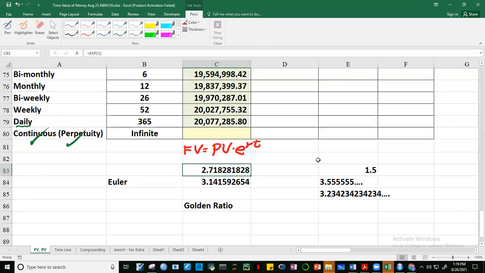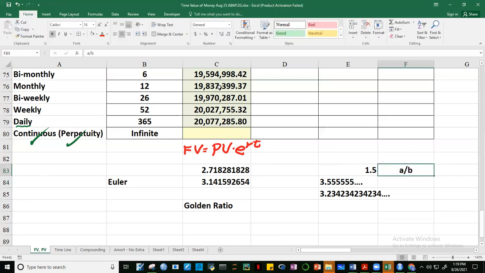Ibig sabihin ng irrational numbers, you cannot express it as a quotient, as a proportion of a over b. Kasi pag ma-express natin yung isang number na a over b, that means it's either repeating or terminating. For example, itong 1.5. Ang ibig sabihin ng 1.5 guys, 3/2, di ba?